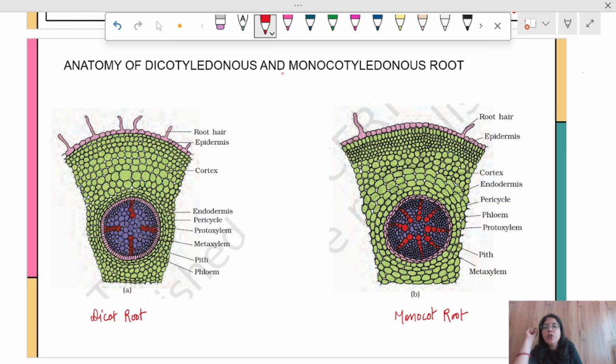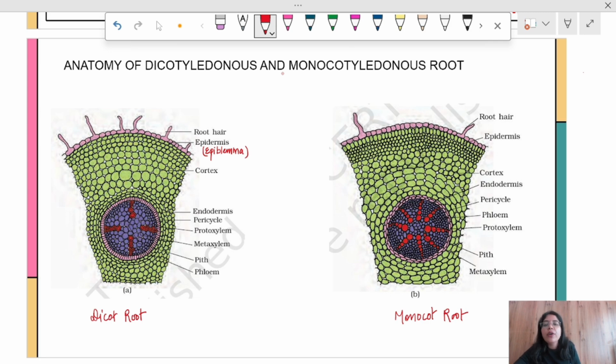You can see the outermost layer here is epidermis in both. It is mentioned as epidermis here, and here also. Can you tell me another name of root epidermis? It is also called epiblema. Another name of root epidermis is epiblema, and here this is also called epiblema.